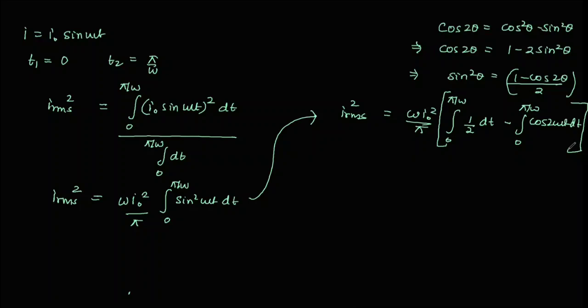The cos part of this integration gives us 0. So the value we are left with is I RMS square equal to I naught square omega by pi into half into pi by omega. The RMS value of current turns out to be I naught by root 2.